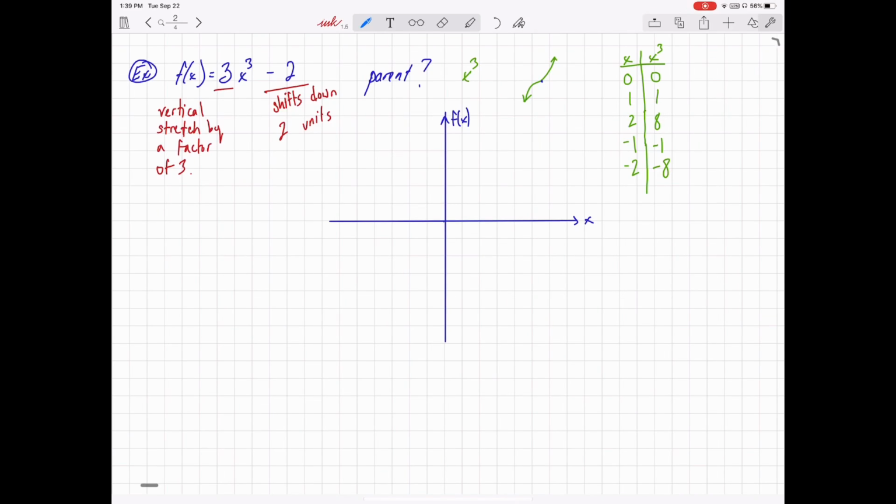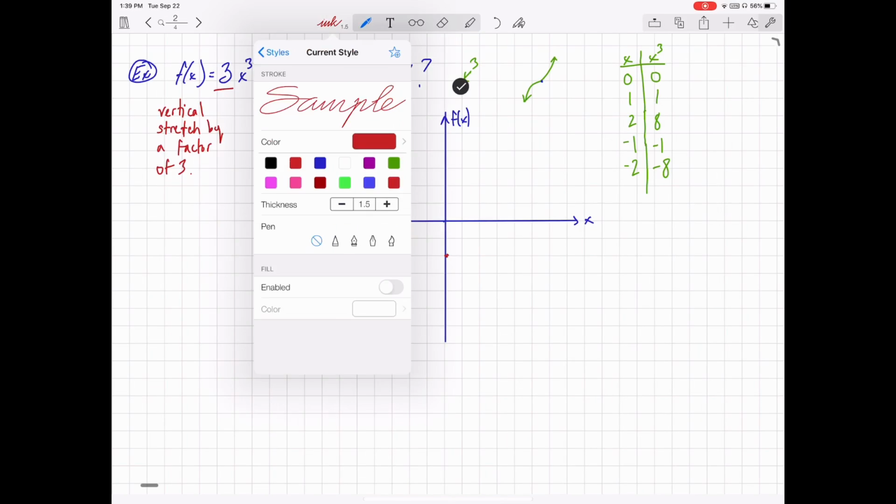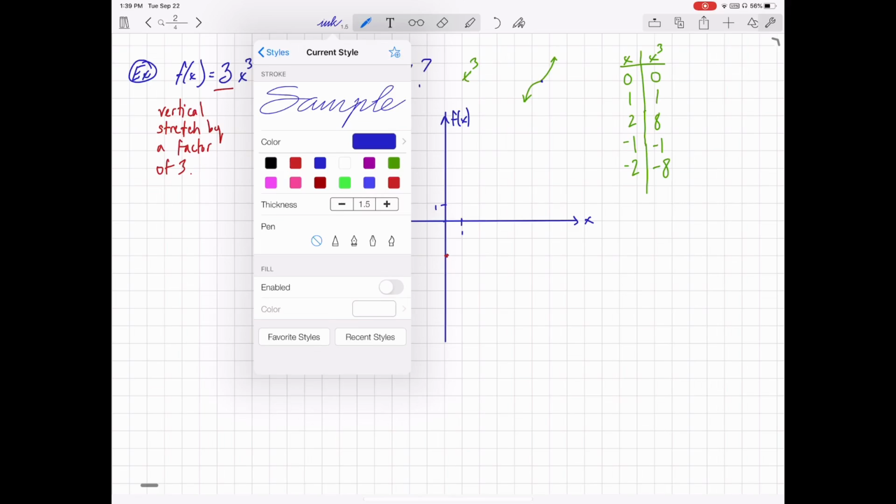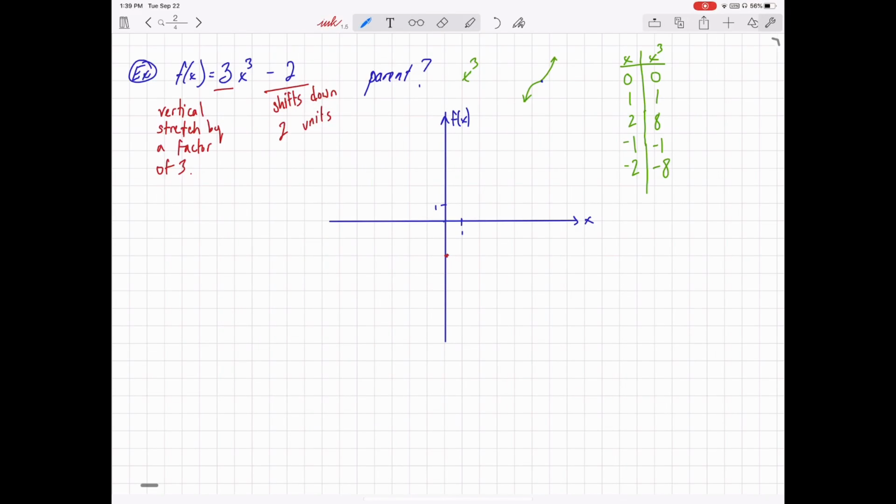And you can plug in a number to check it first. So f of 0 would give us a -2 in this case. So we would take our origin point and move it down 2. Let me designate these as having a value of 1. Okay, so this is now where my graph would be centered.